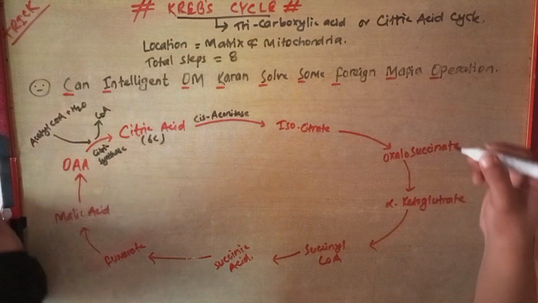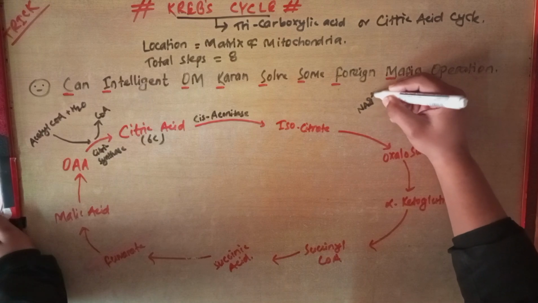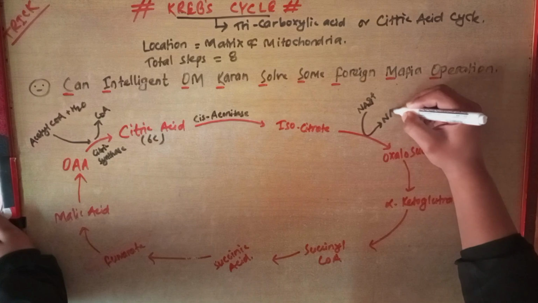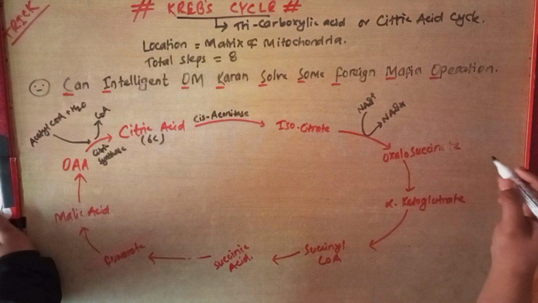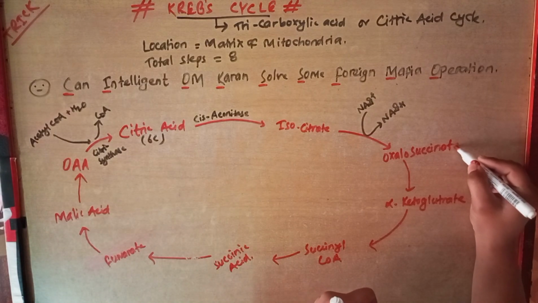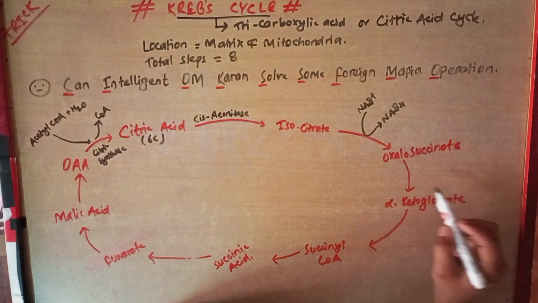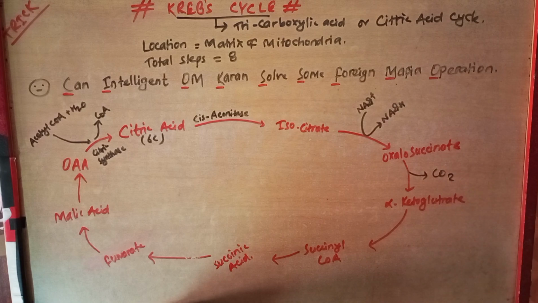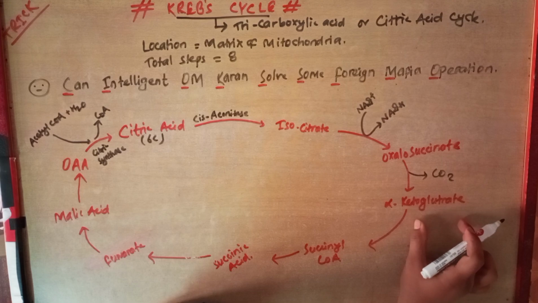In isocitrate, here NAD plus gets converted into NADH, and then it is converted into oxalosuccinate. In oxalosuccinate there is liberation of the first CO2, and after that it is converted into alpha ketoglutarate.